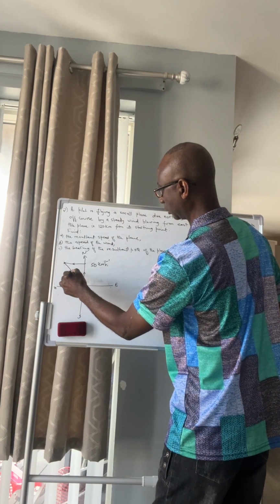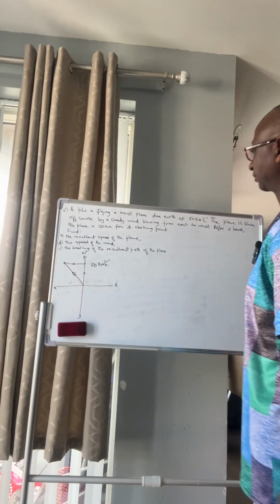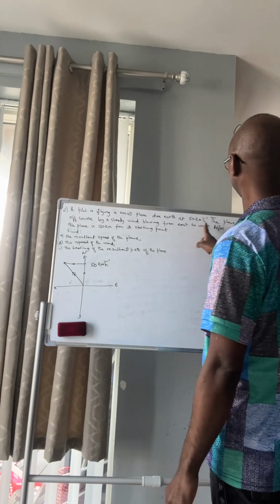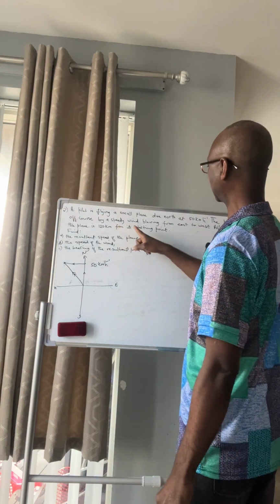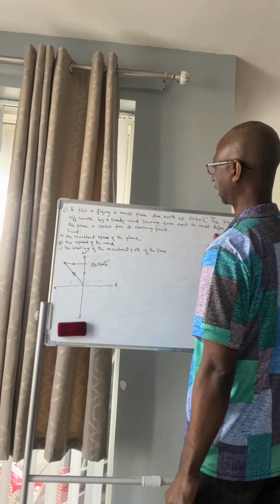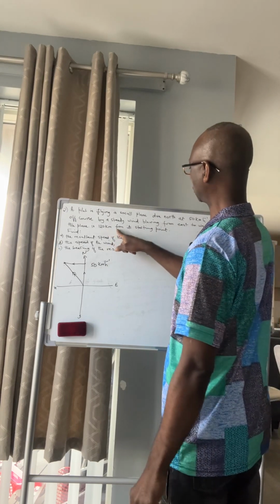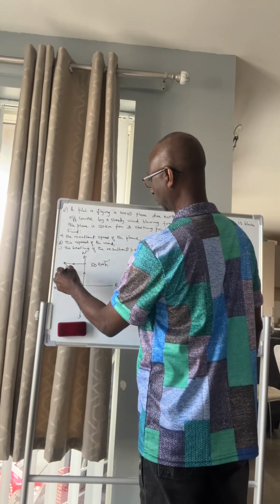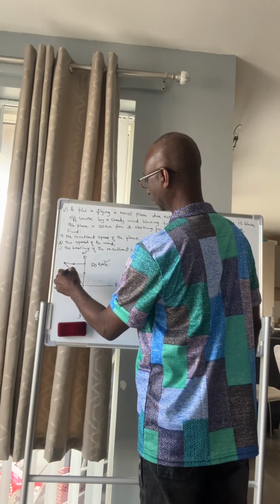You do double arrows here to show that this is the resultant. The plane is blown by a steady wind. After 2 hours, the plane is 120 kilometers from its starting point. So it's 120 kilometers.